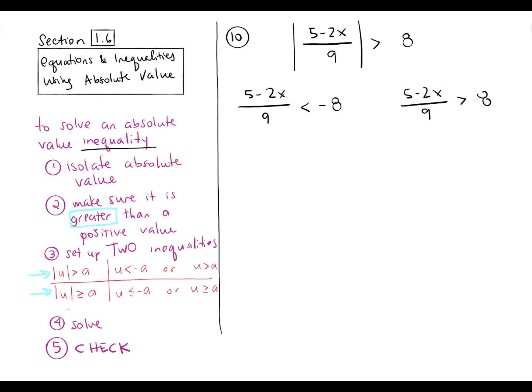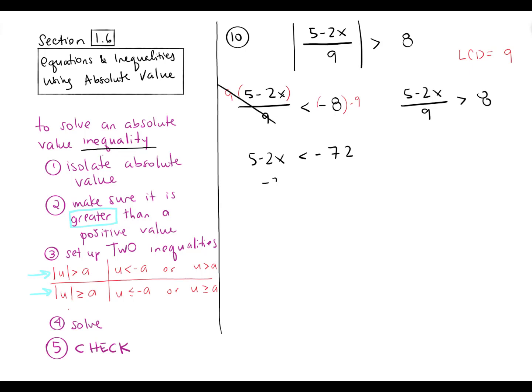Solving this, every time we have a fraction, we ask what is the LCD? In this case, there's only one denominator, so that's going to be 9. We're going to multiply both sides by 9. And I'm going to get 5 minus 2x is less than negative 72. Notice I didn't multiply out because those 9's cancel out.